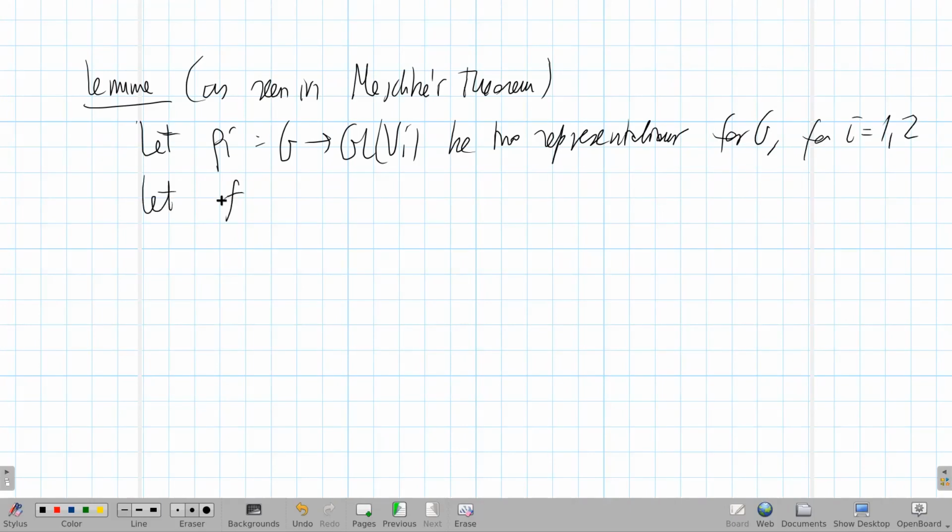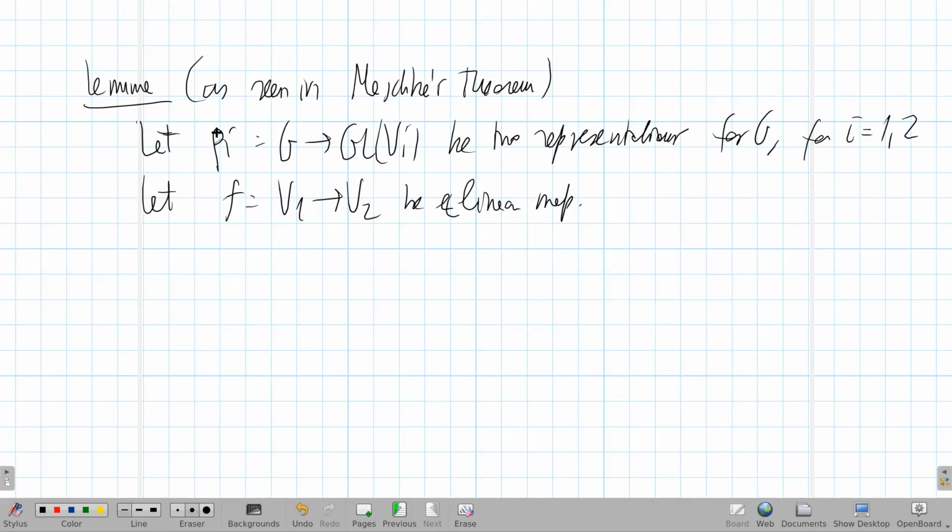And let F from V1 to V2 be a linear map. So this is a linear map, but it is not necessarily a morphism of representations, because it simply respects the sum and multiplication by scalars, but it does not necessarily respect the action of the rho.